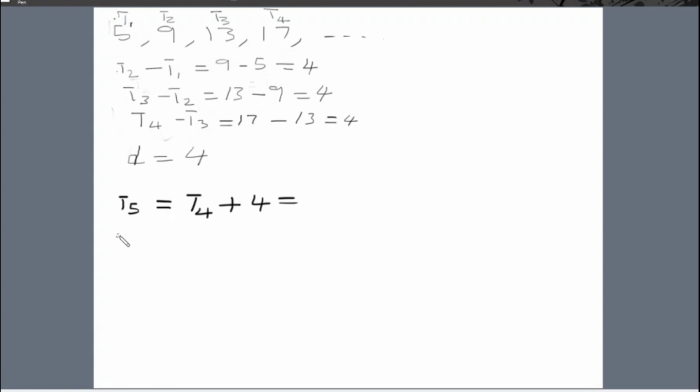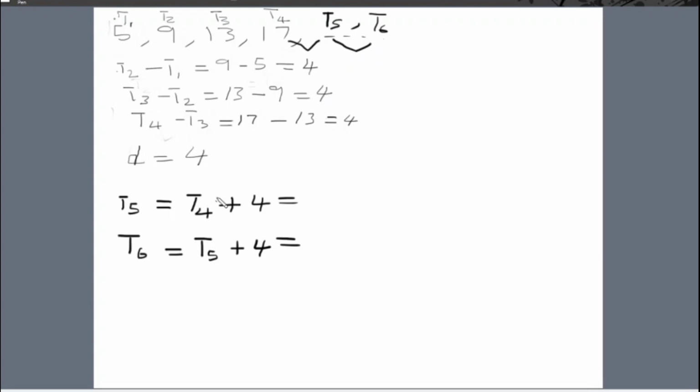And then T6 will be equal to T5 plus 4, because the common difference is 4. So here we have term 5, and here we have term 6. From term 4 to term 5 we're going to add 4. From term 5 to term 6 we're going to add 4.